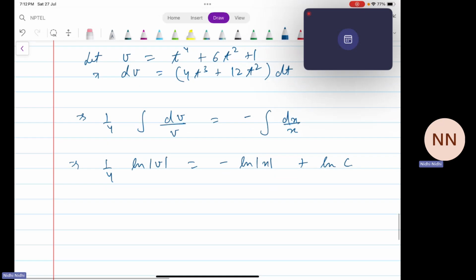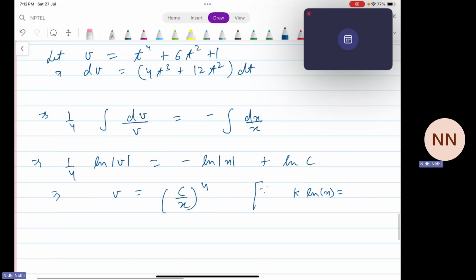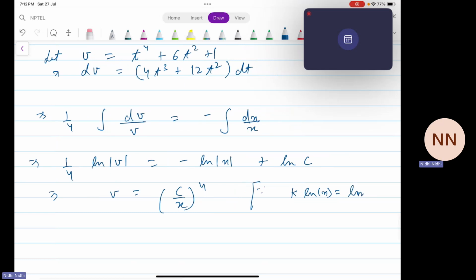This gives us v is equal to c by x to the power 4, because some constant times log x is equal to log x to the power constant, and log x plus log y is equal to log xy.